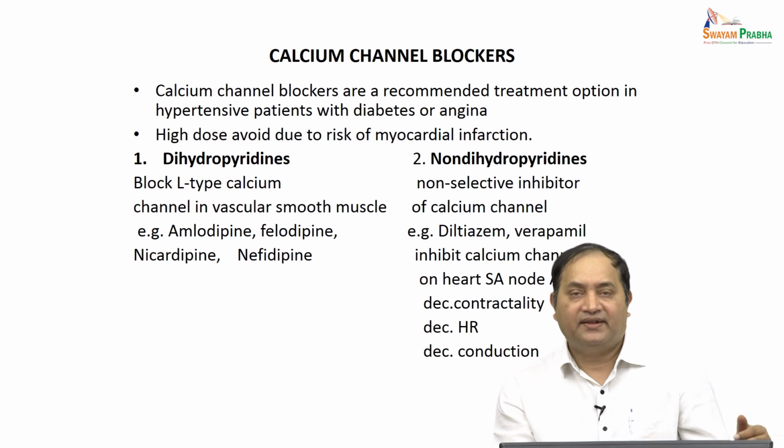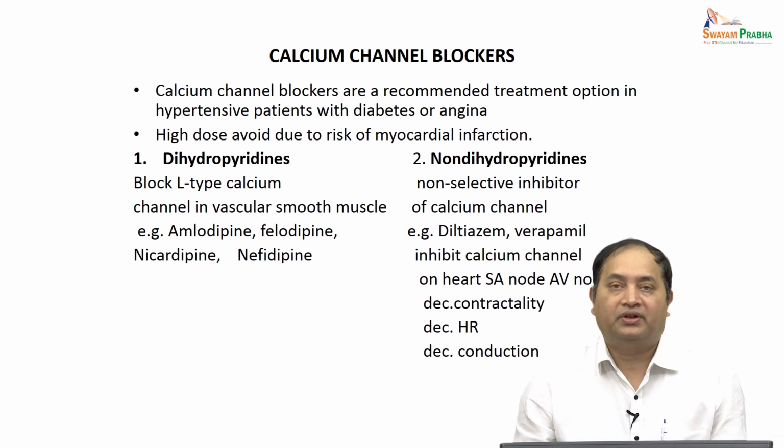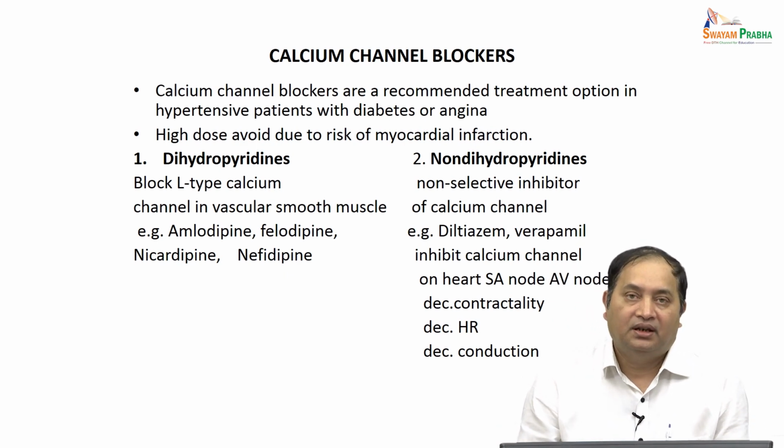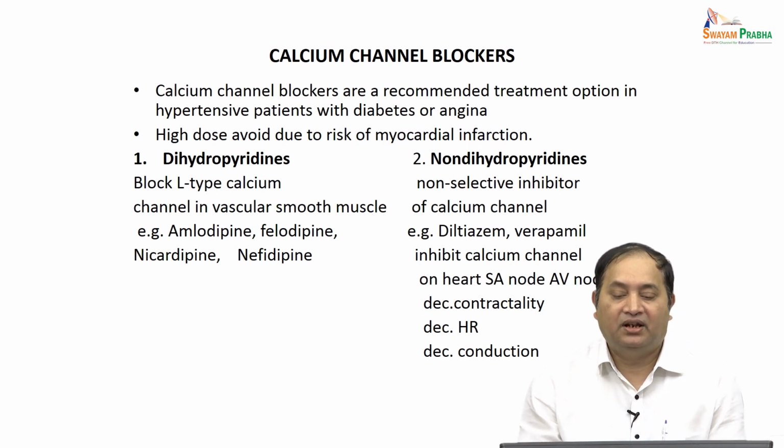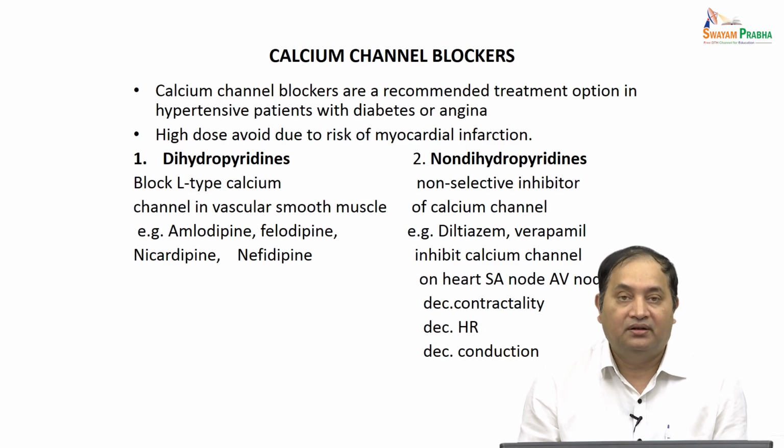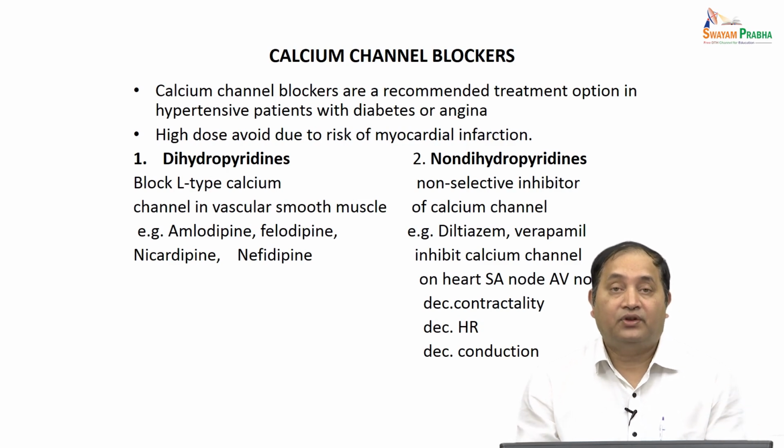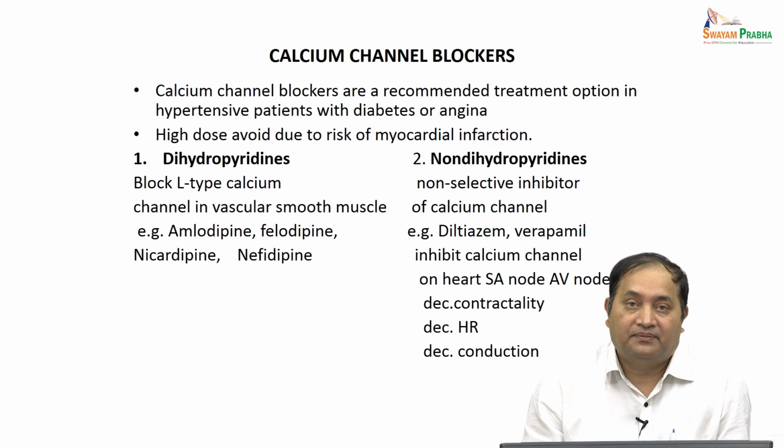Now, let us discuss the most commonly used drug in day to day life, calcium channel blockers. Calcium channel blockers are recommended as a treatment option for hypertensive patients along with diabetes or angina. There are several advantages of using calcium channel blockers.